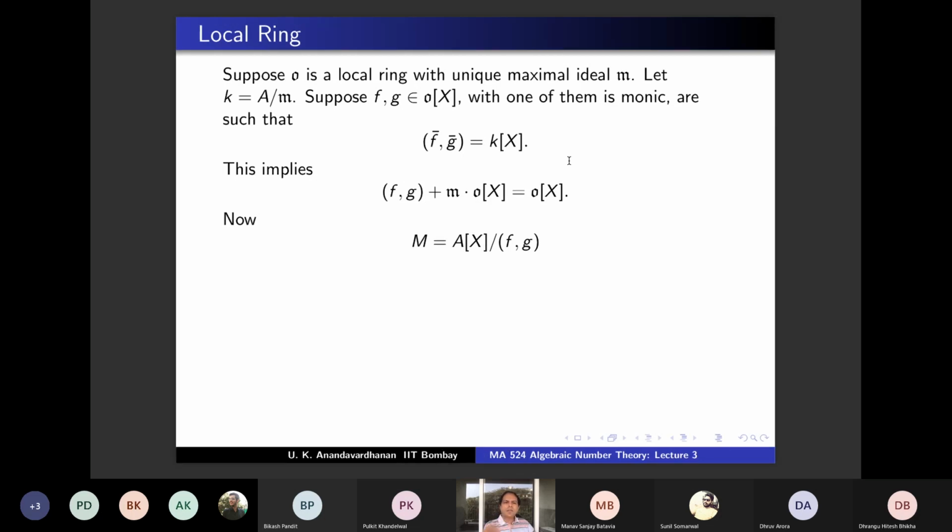And therefore, you are interested in considering this particular module. Again I have written A everywhere, and then I went back and changed it to O, so I will change this to O. If you take O[x] modulo the ideal generated by f and g, it's a module over A, meaning O, it's a module over O. And do you agree that it's a finitely generated module?